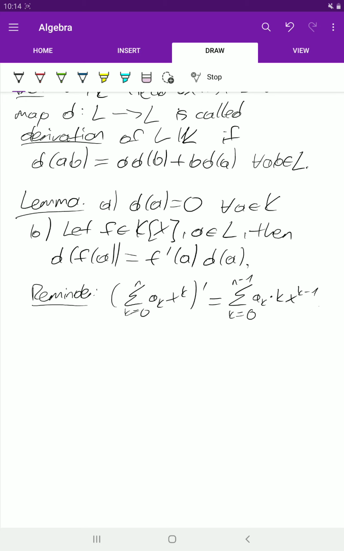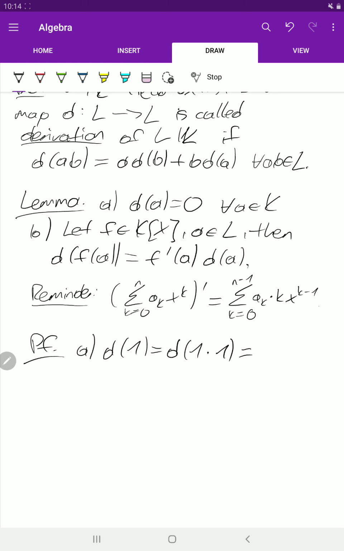Okay, so let's prove this lemma. For the first part, this is quite easy, so let's at first show that the derivation of 1 is 0.